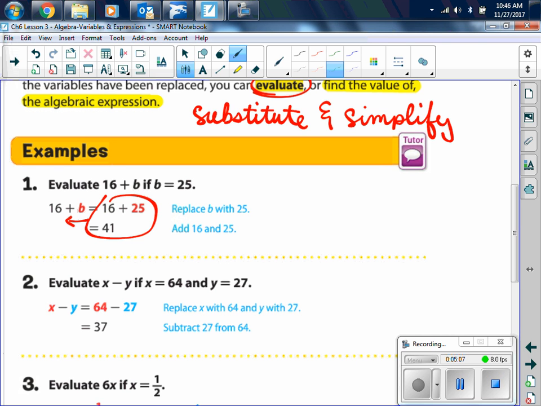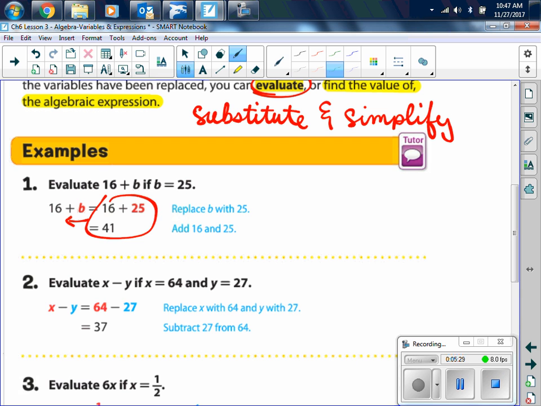Okay? So for example 2, it says evaluate x minus y if x is equal to 64 and y is equal to 27. So wherever there's an x, we're going to put 64, and wherever there's a y, we're going to put 27. So 64 minus 27 is 37.